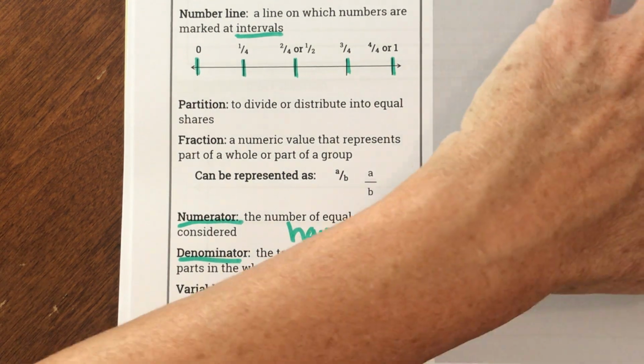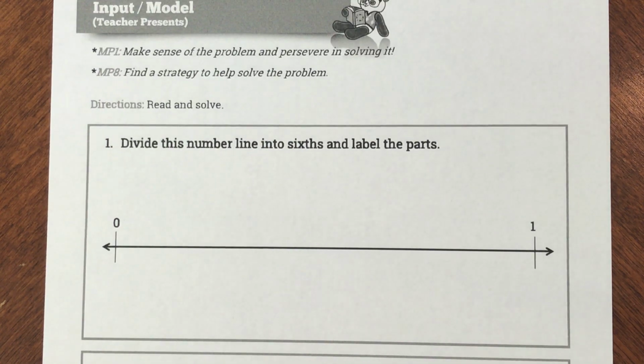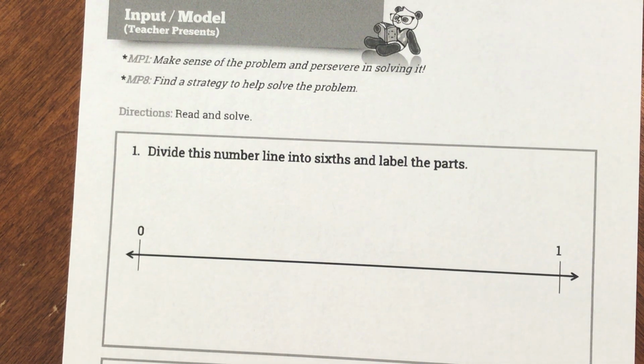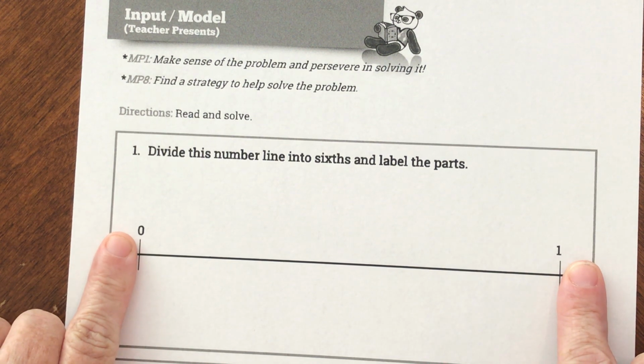So I'm going to grab my red pen if you want to watch for a moment. Here is my first problem, and it says, divide this number line into sixths and label the parts. Okay, so instead of having one whole circle or one whole rectangle, I have one whole on a number line.